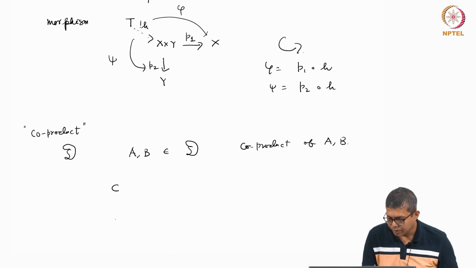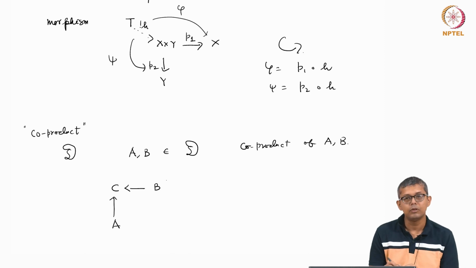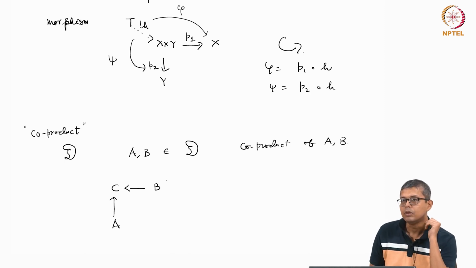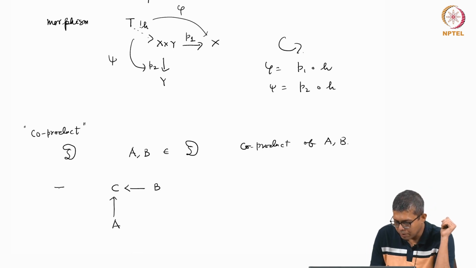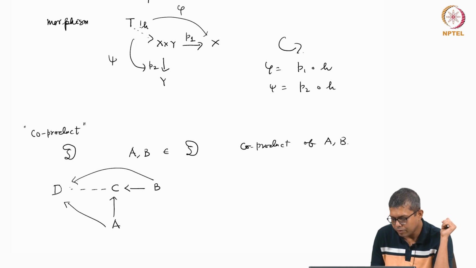If you have a map from A to C, and a map in the reverse direction from B to C, and also whenever you take another object, say D, if you have an object like this, then you have a unique map.